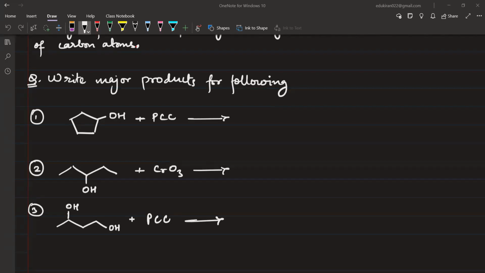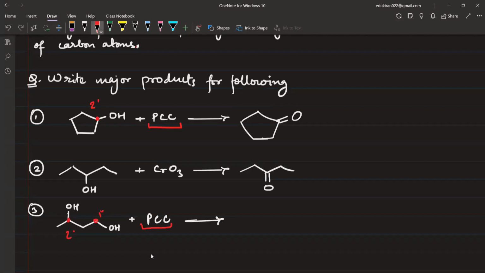Okay. See here, guys. In the first structure, this alcohol is 2 degree. And this is PCC, weak oxidizing agent, right? So what will happen? Double bond O like this. Yes, Hafsa, very good, correct. Then in the next case also, double bond O. Now when you look at this part, this is 2 degree and this is 1 degree, and the oxidizing agent is weak.